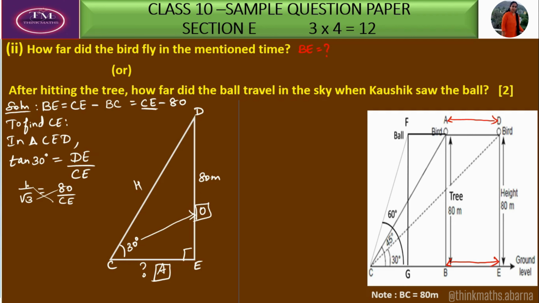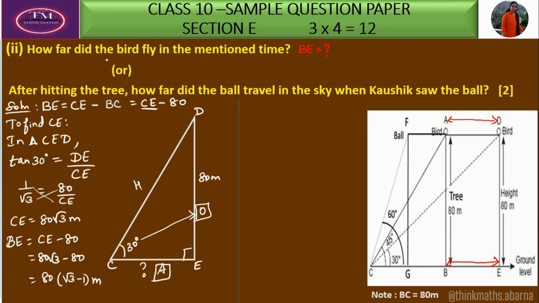Just cross multiply. 1 into CE is equal to CE, 80 into root 3. So 80 root 3 meter. So we got CE is equal to 80 root 3. Now what about BE? BE is equal to CE minus 80. So 80 root 3 minus 80. So if we take 80 outside, it is 80 into root 3 minus 1 meter.